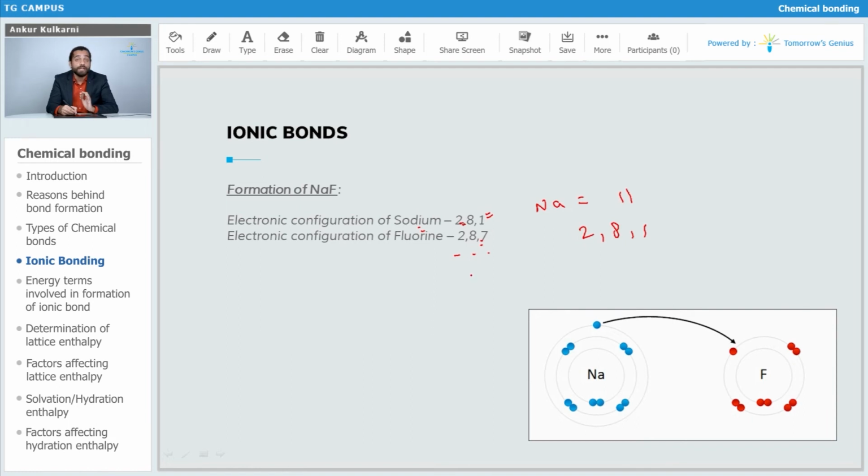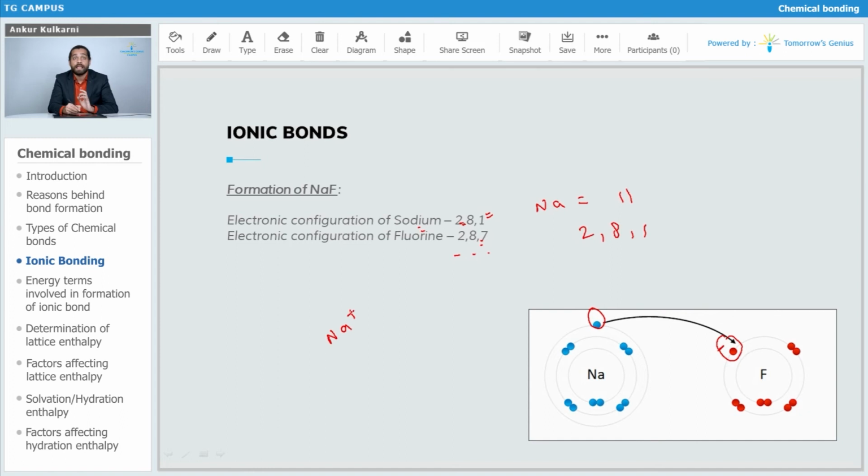instead of donating 7 electrons. Correct? So sodium being electropositive donates 1 electron. As you can see on the screen, it donates 1 electron to fluorine. And fluorine being electronegative, that means it attracts the electron towards itself, so it will accept 1 electron. When you donate 1 electron, you get Na+.